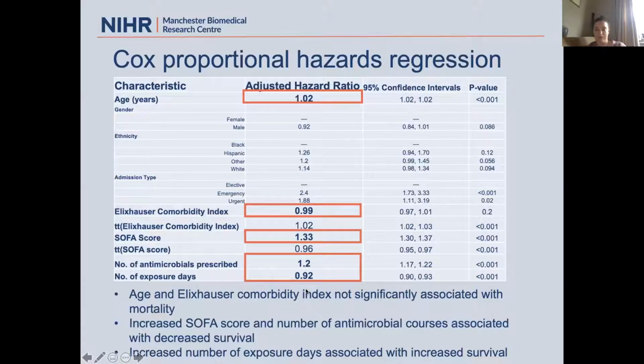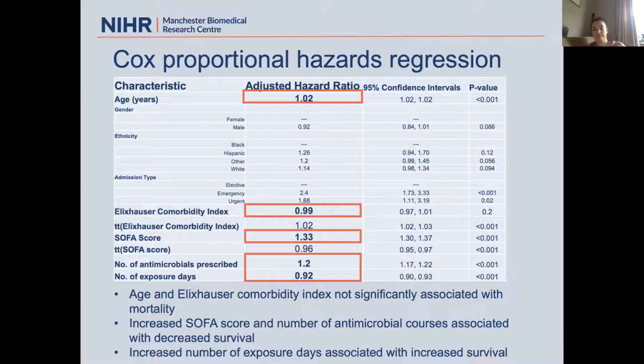I won't go into too much detail, but the hazard ratios show which factors are associated with mortality. Anything above 1 is an increased association with mortality.